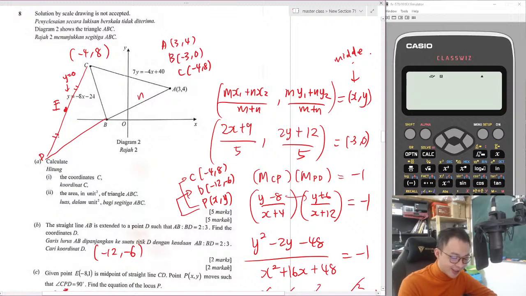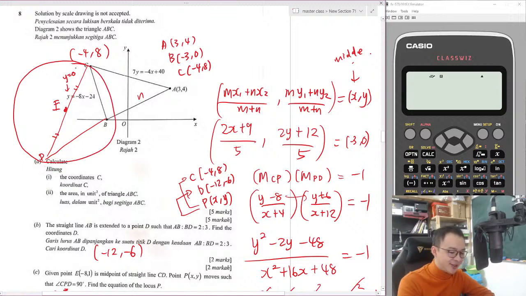And then they want it to be perpendicular, which is angle CPD. So what I will do right now is draw a circle for it. Just imagine C and D touching the circle here. If the line C to D is the diameter of the circle, then P can be at any of these points.